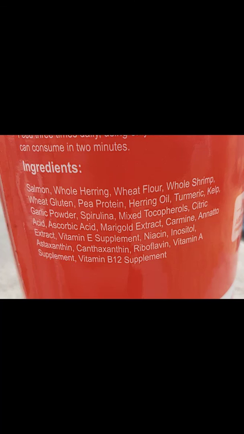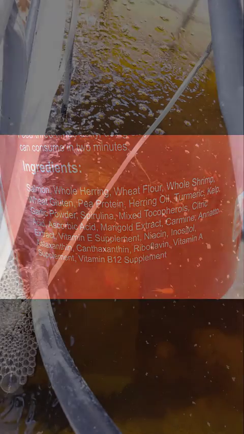And then turmeric, kelp, garlic powder, and spirulina are all plants. And then we go into other things like vitamin C and such. So there's a lot that we're cheating and adding to this ecosystem. However, that's going to allow for the fish to grow and reproduce and continue those cycles as well.